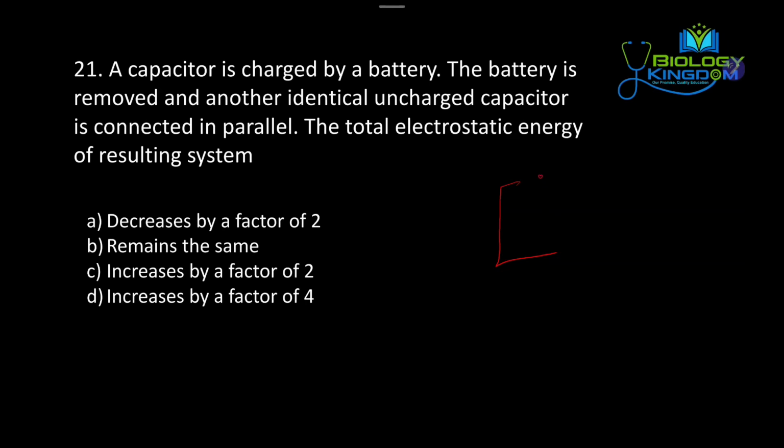There is one capacitor and a battery. We have charged this capacitor, let's suppose this is C1. After charging it, we connected another capacitor in parallel to it, let's suppose that's C2. We know that in parallel the total capacitance is given by C1 plus C2.